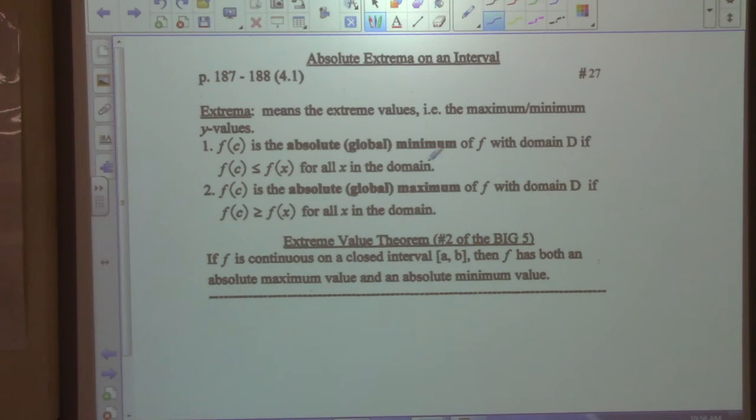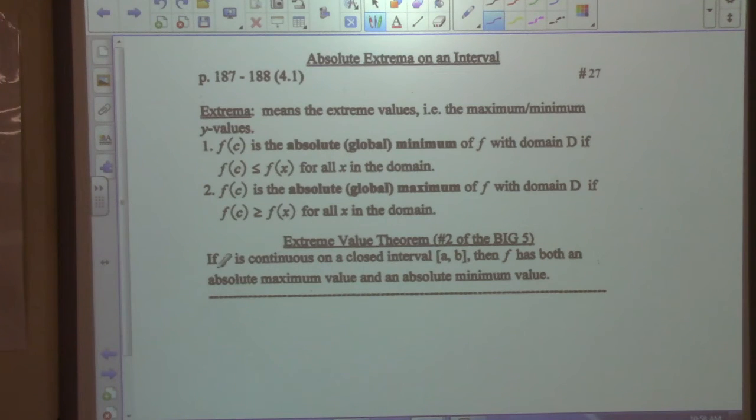Anyway, f of c is a minimum if f of c is less than or equal to f of x for all x in the domain, so the very lowest or tied for being the lowest value in that whole interval. And likewise, you have a maximum if the output value f of c is greater than or equal to f of x for all x in the domain.